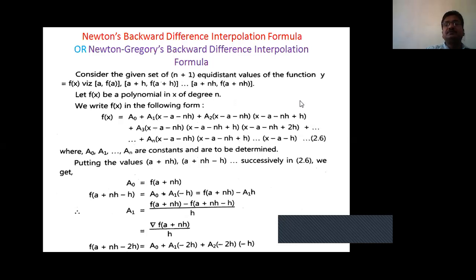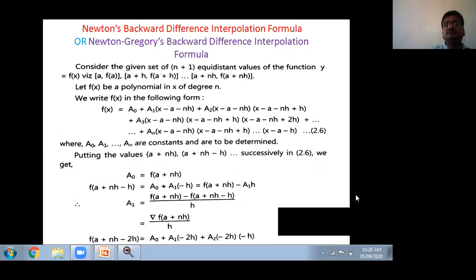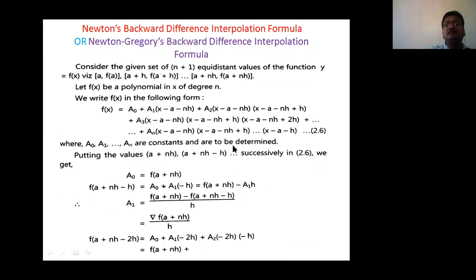If we substitute X is equal to A plus NH, then coefficient of A1, coefficient of A2, coefficient of A3, coefficient of An are 0. Only we have the term f of A plus NH, that is, substitute X is equal to A plus NH, is equal to A0, that is A0 is f of A plus NH.